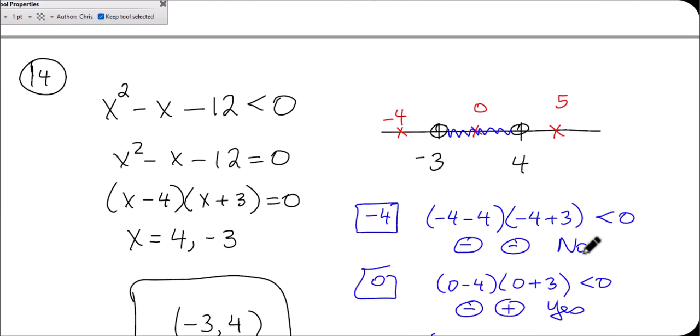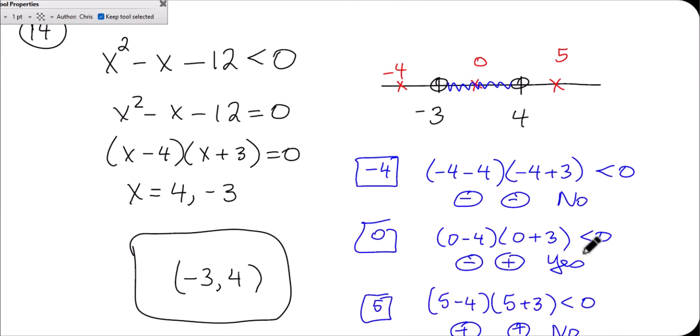Question 14, we have a quadratic inequality. And our strategy there was to set it equal to 0. First, figure out what makes it equal to 0. This does factor. Minus 4 times 3 is a minus 12. If you add the middle and the outside, you do get a minus 1 in the middle.